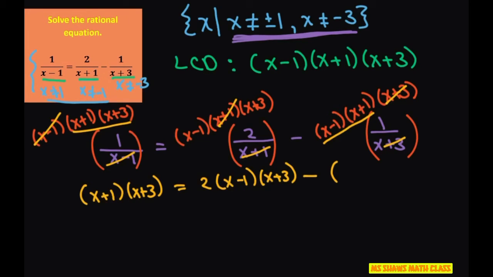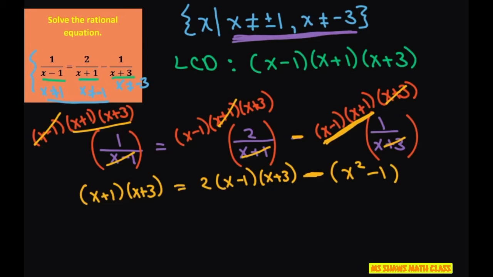So I'm going to put this in parentheses. When you multiply these two, that's just your difference of squares, so that's going to be x squared minus 1. You have to be careful with this negative, because that means you're going to negate the whole thing. So just be careful with that, or you'll get the wrong answer.